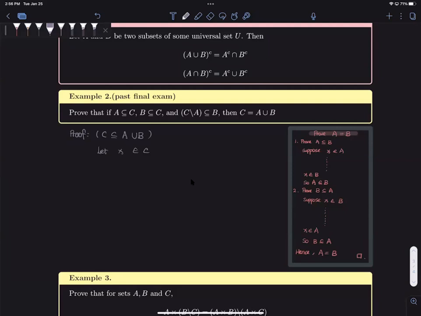Yeah, I know I need to prove X is in A union B. Union is "or". Okay, how do I prove it though?